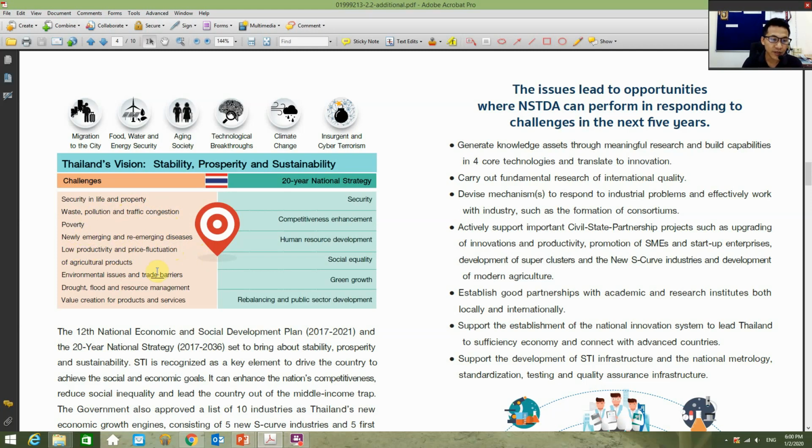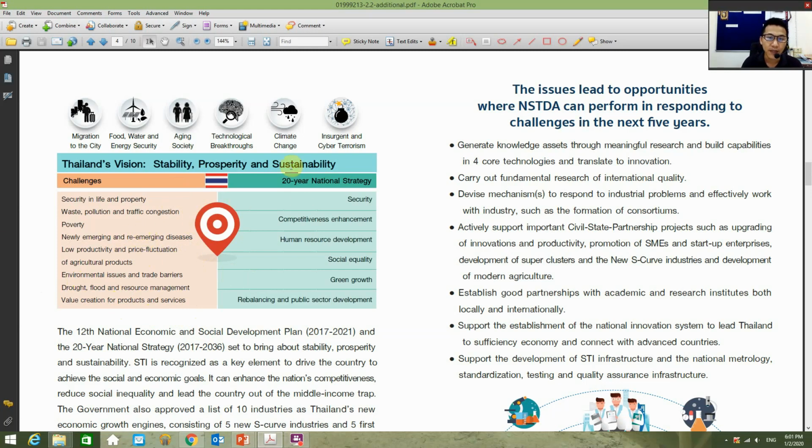Low productivity and price fluctuation of agricultural products, which upsets the farmers and most of the Thai people as well when the price fluctuates. Environmental issues and trade barriers, drought, flood, resource management, value creation of products and service. These are huge challenges that we have to overcome.